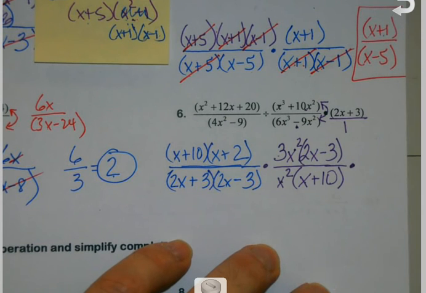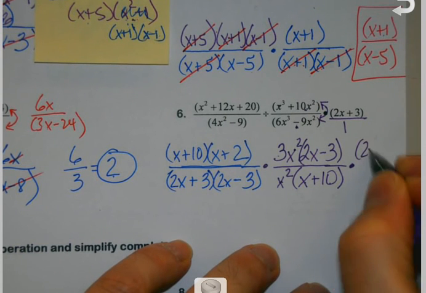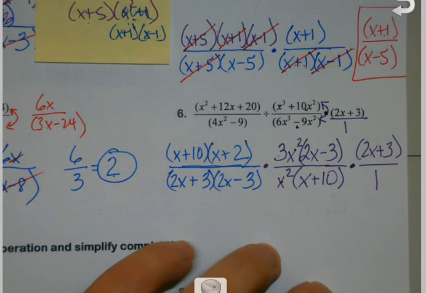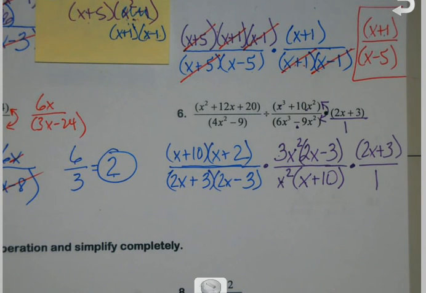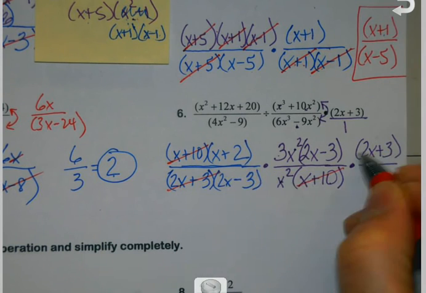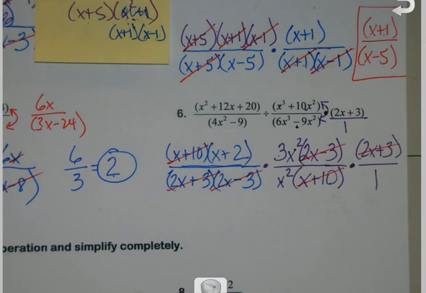I can always make it a fraction by just putting it over 1, because I want to remind myself that that 2x plus 3 is up top. It's in the numerator. Hey. There's a whole bunch of stuff that's going to get canceled here. Whack, whack. Whack, whack. Whack, whack.